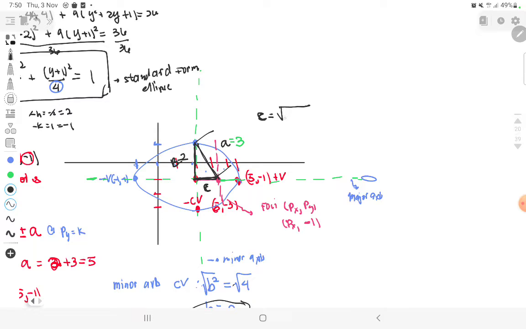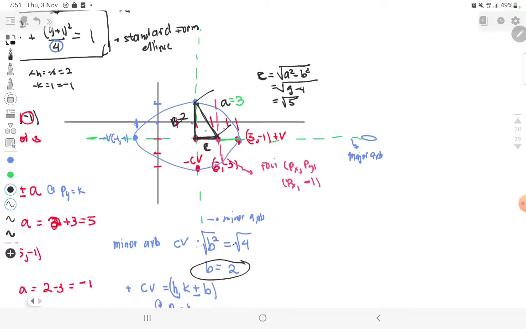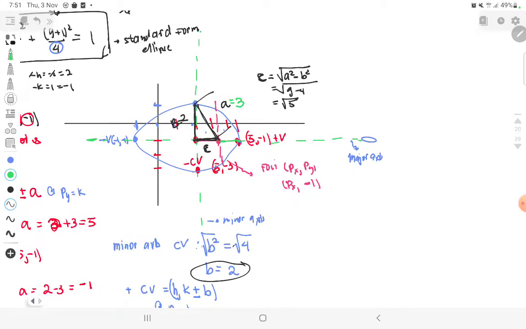So therefore we can solve for this C, wherein the length C is just equal to the square root of A squared minus B squared, which is equal to the square root of 9 minus 4, or the square root of 5. Therefore C is equal to the square root of 5, but Px is equal to plus or minus the square root of 5 because of this reflection property.